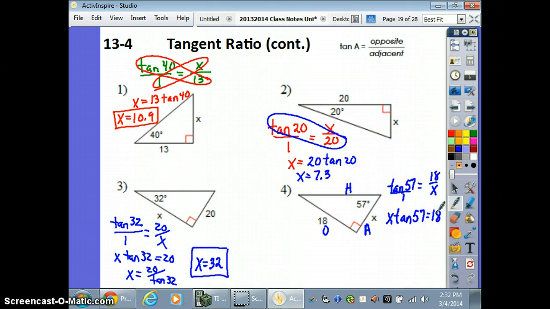We'll divide both sides by the tangent of 57. I'll write it down this time so you can see what I'm doing. These cancel, and so we get x equals 18 divided by the tangent of 57. So if the x is in the denominator, we divide. If x is in the numerator, we end up multiplying. Just a little hint.